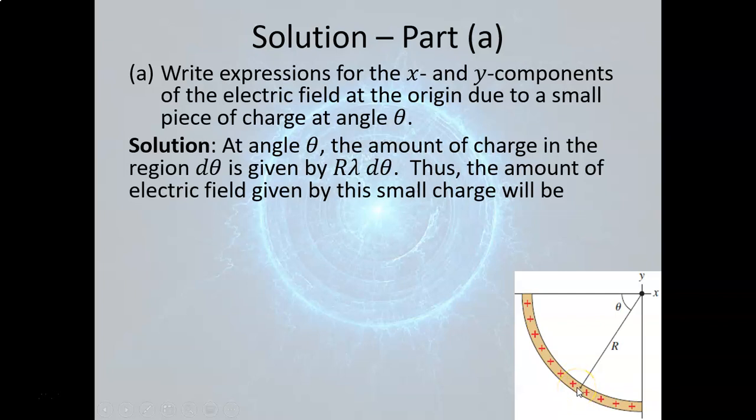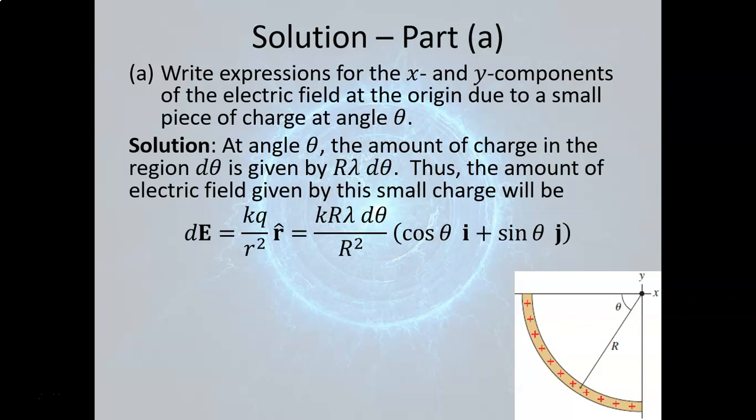Well, what is ds? ds is dependent on the radius of the quarter circle. ds is equal to r d theta. So the amount of charge that's there is going to be lambda times r d theta. So now we know what this should say: k dq right here. But dq is equal to r lambda d theta.